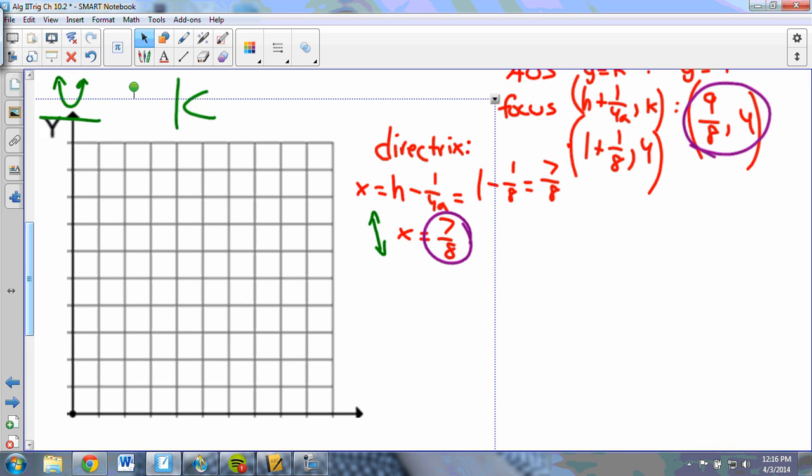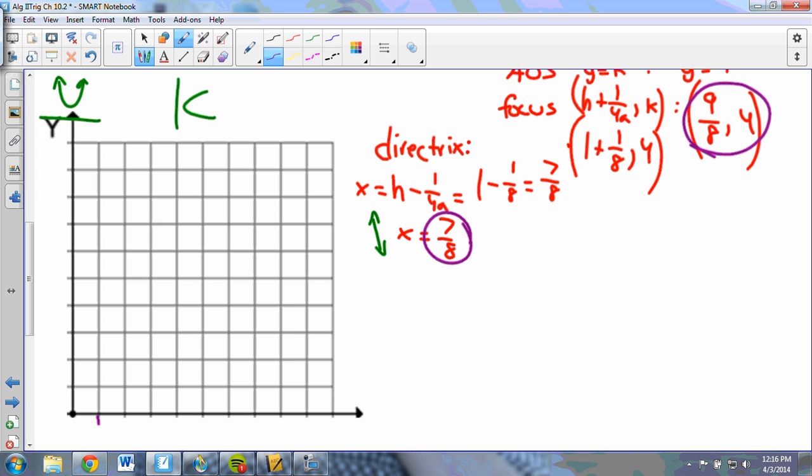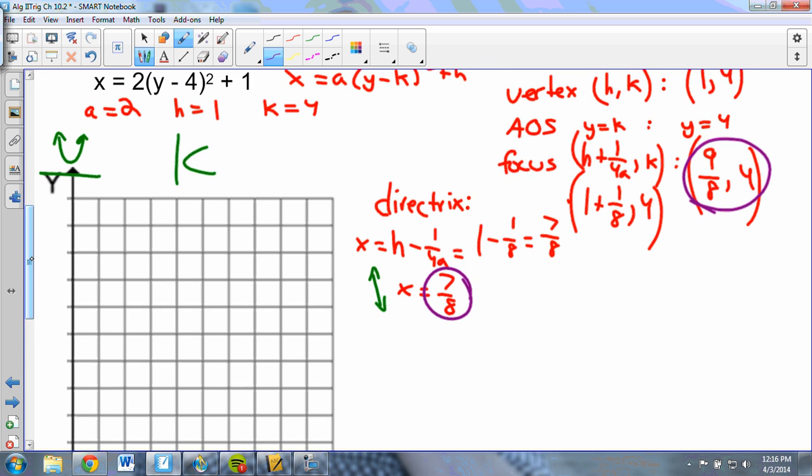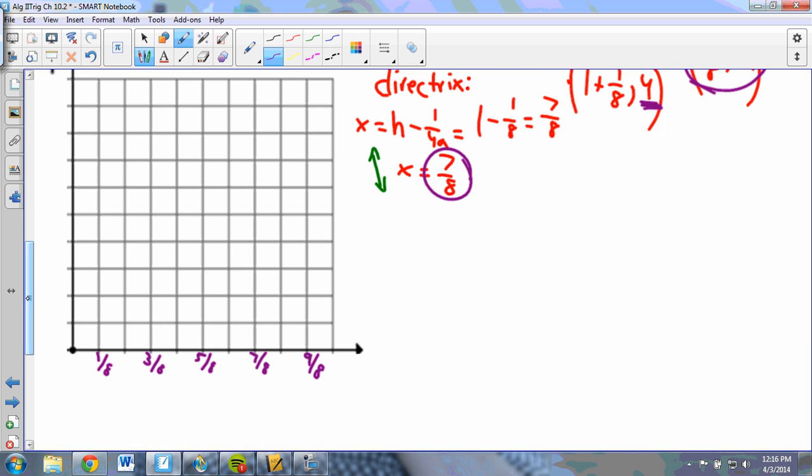So I'm going to go 0, 1/8, 2/8, 3/8, 4/8, 5/8, 6/8, 7/8, 8/8, 9/8. But on the y side, I have to get as high as 4, so counting by 8s wouldn't make any sense. That would be 32/8, and I don't want to count up 32 of these. So I'm going to go 1, 2, 3, 4. I'll count by halves just to give some space.